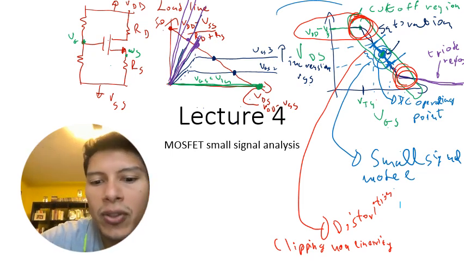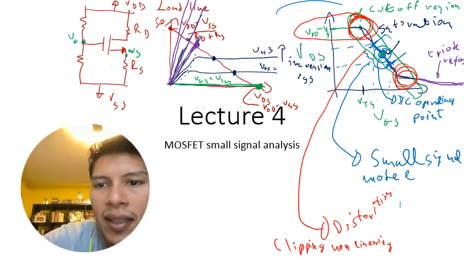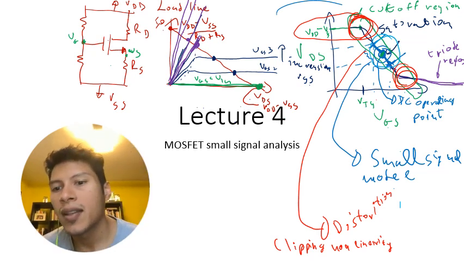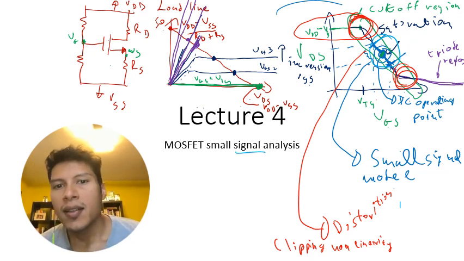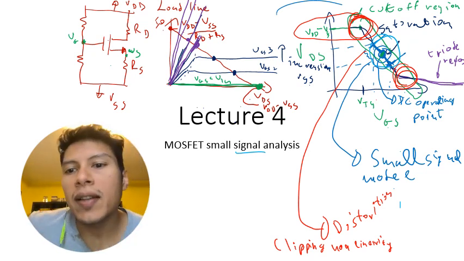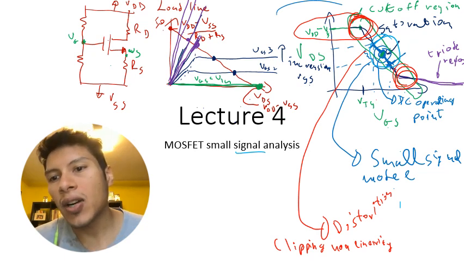And so that's why we have to make sure that our input signal is small enough so that our small signal model is valid. Okay, so you should basically understand what I just described.